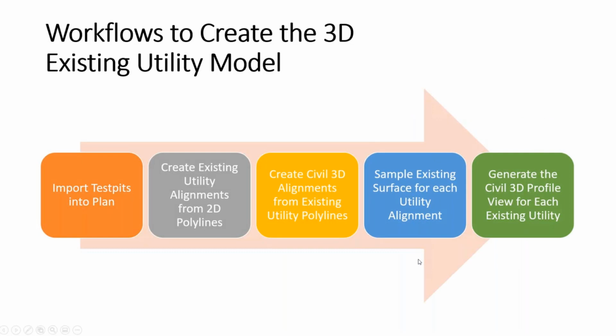The workflows in Civil 3D, and this is just my workflow, is what this webcast is all about today: to see how I used to do it and how Builterra fits in. When we look at the test pits, we're going to import those into plan, build up these utility alignments, create some profiles, and then generate a 3D model.